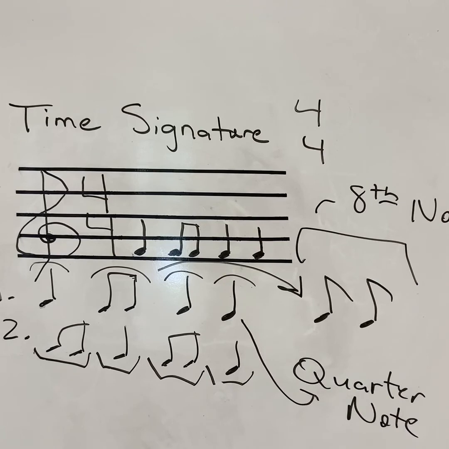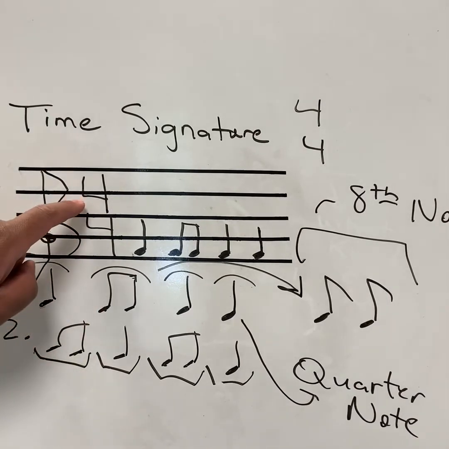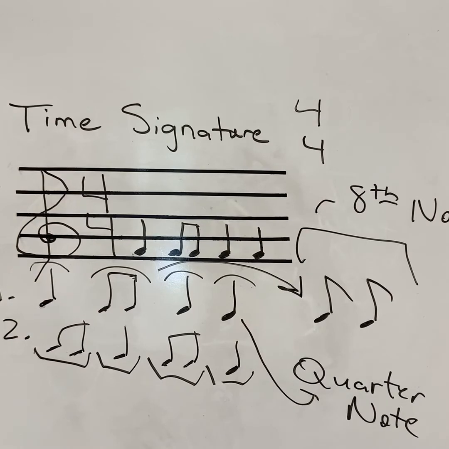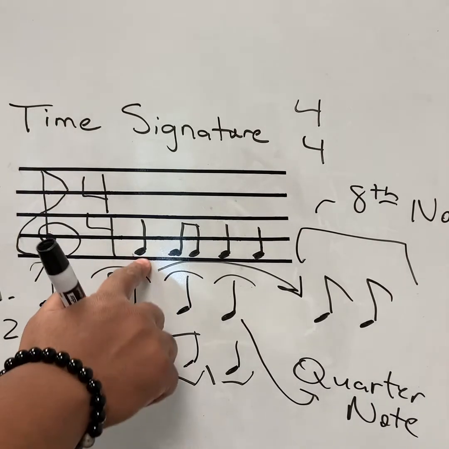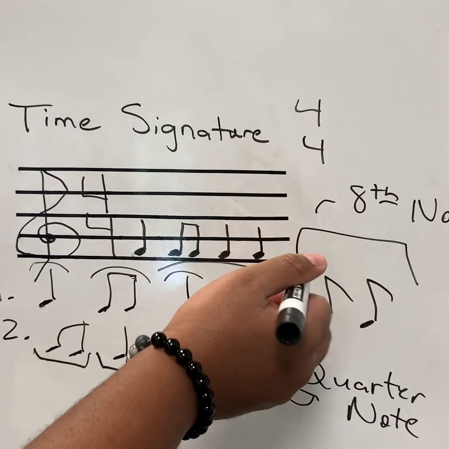Okay, I have 4 beats in my measure. That top number tells me I'm finished because that top number tells me how many beats I should have in each measure. What is my top number? 4. Okay. Since I already counted out 4 beats, I'm finished.